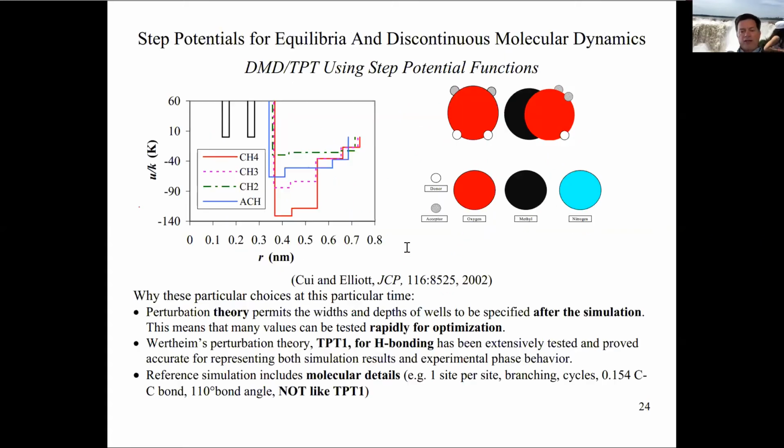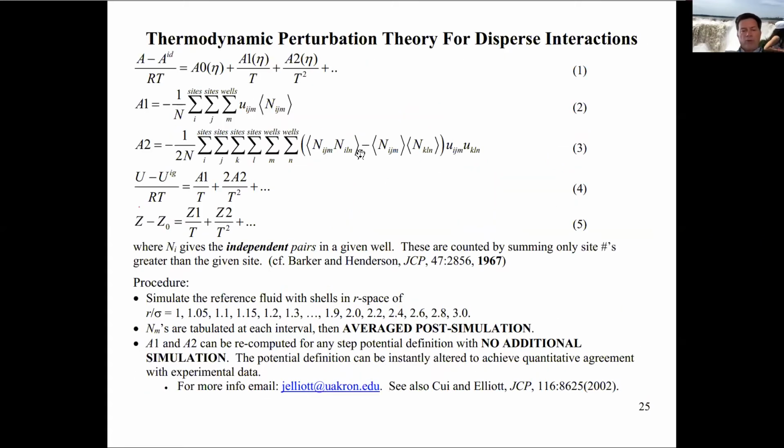And that extends, if I go to multiple wells, it just gets a little more complicated. But there's nothing conceptually impressive about this. What's impressive from an engineering perspective is that I can compute these n's from the reference simulation.